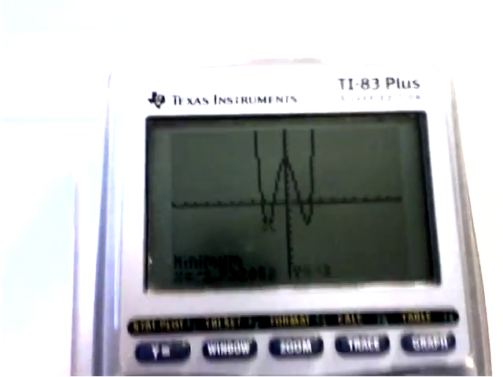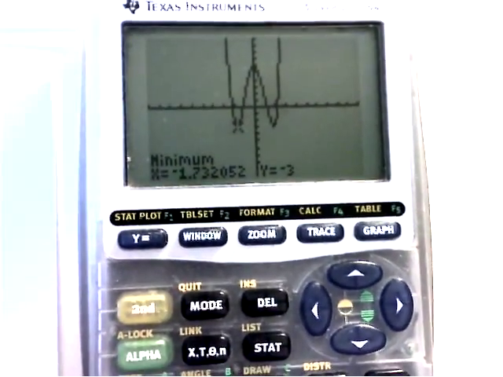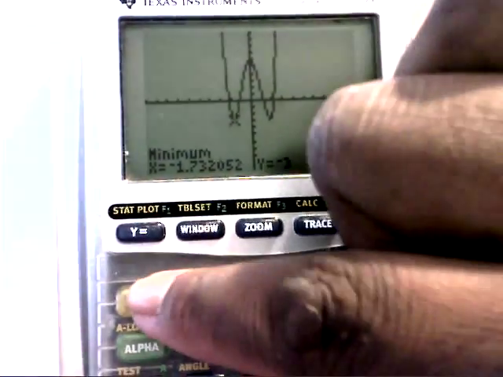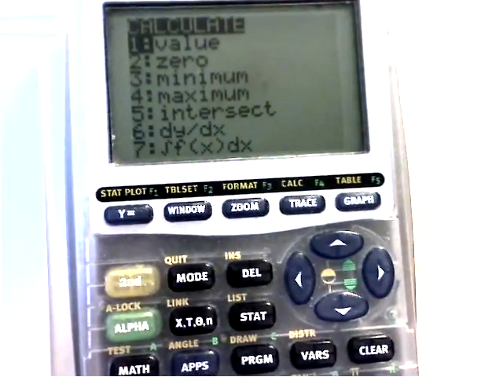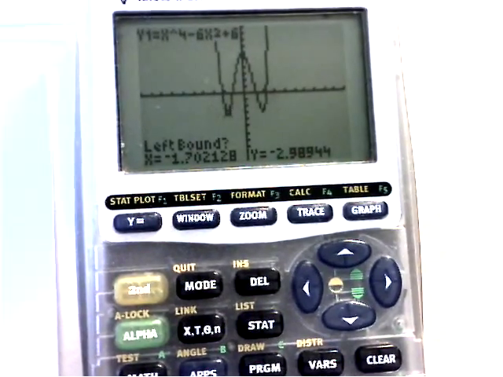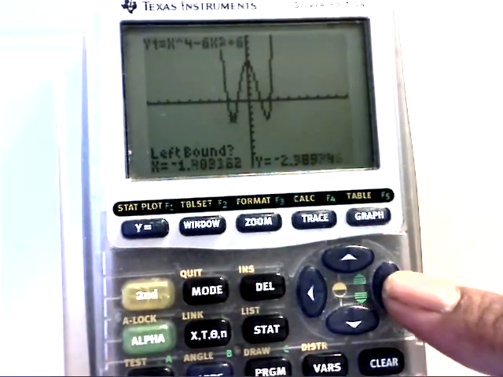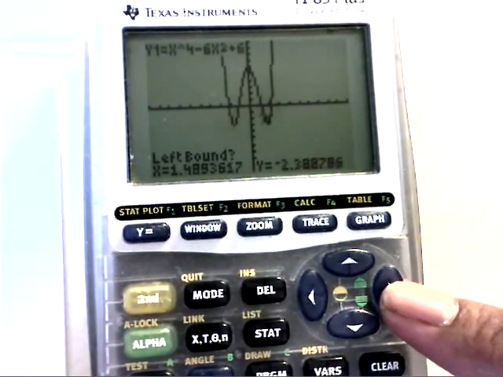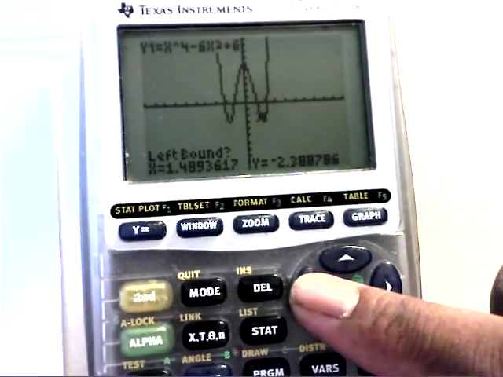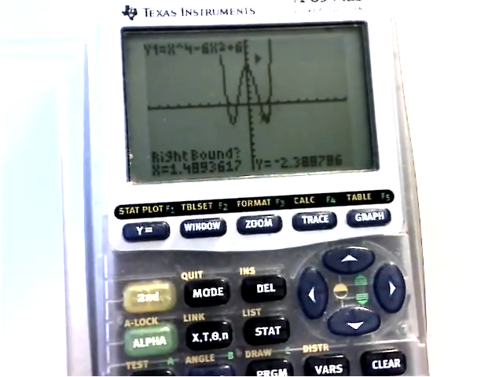The other one, we're going to do the same thing. In this case, let's press second and trace, and then we'll select minimum again, which is number 3. Now, our blinking cursor needs to be placed on the left-hand side of the lowest point of that graph. That's on the right, or close to it. Then press enter.